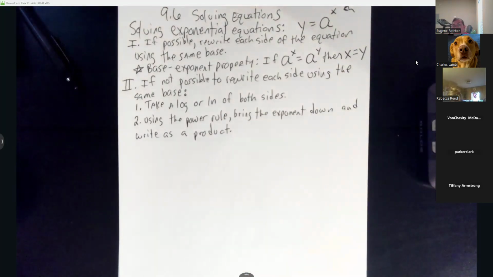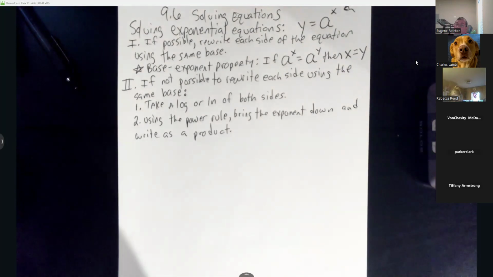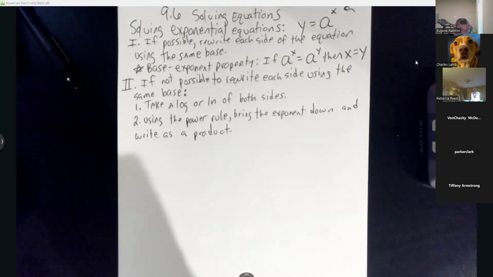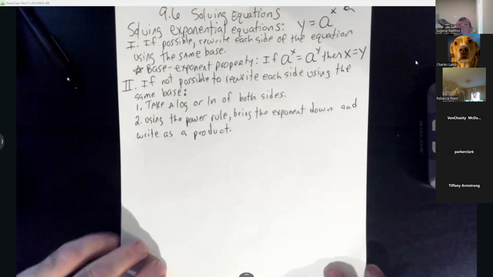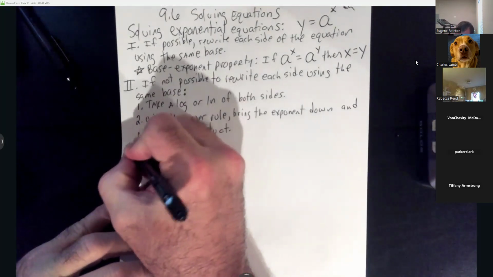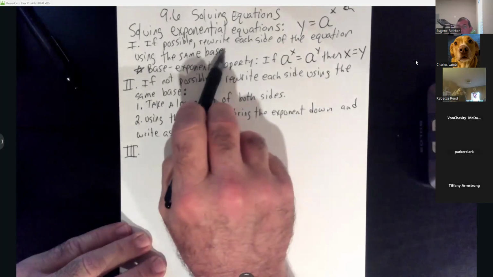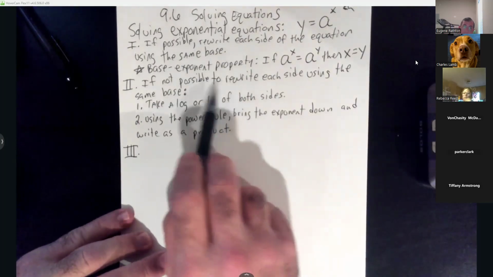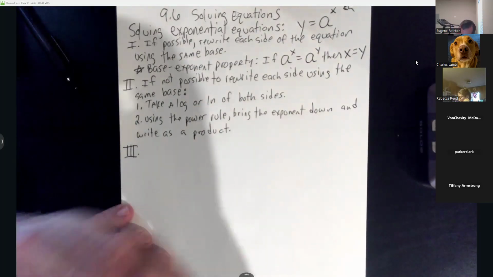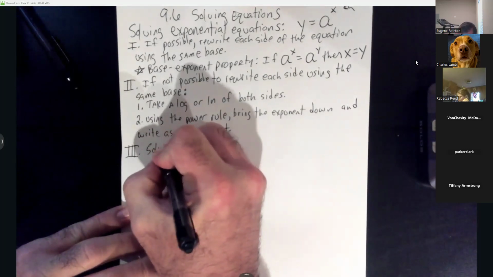But what that does is that brings that exponent down, so then I can start working to solve it, okay? All right, at that point, no matter which way I went, I either rewrote them or I had to do the logs to them. At that point, we would solve for the variable.